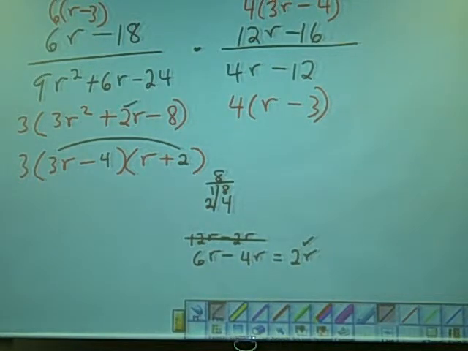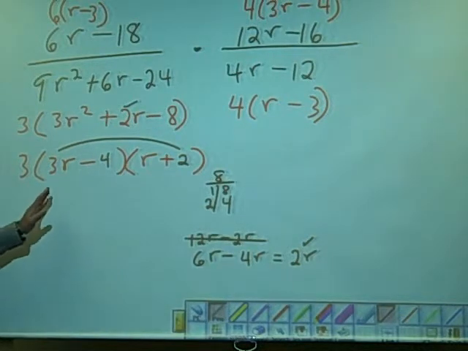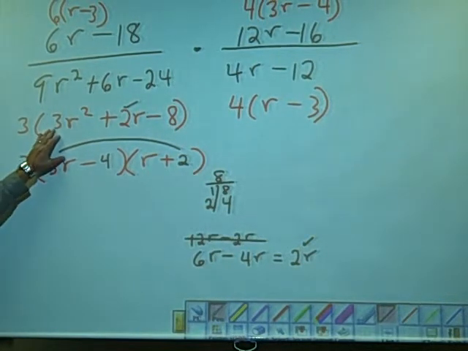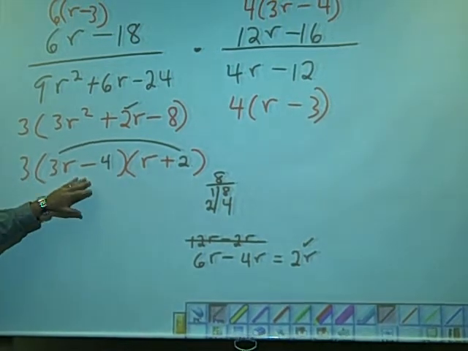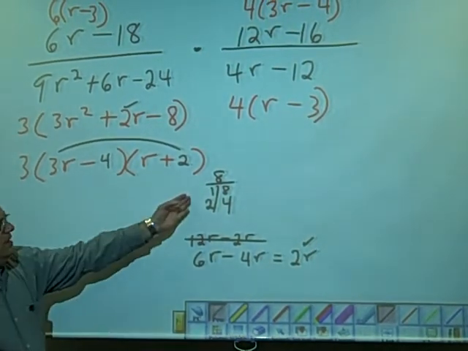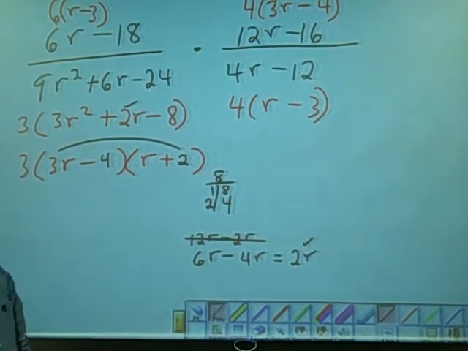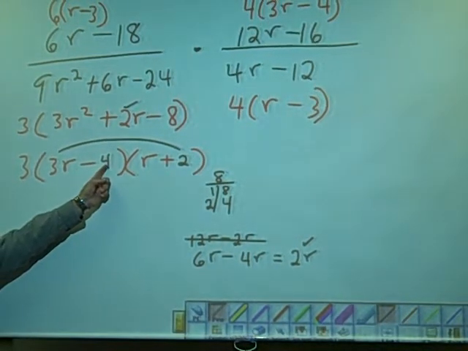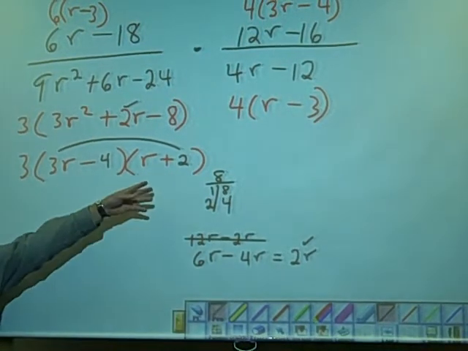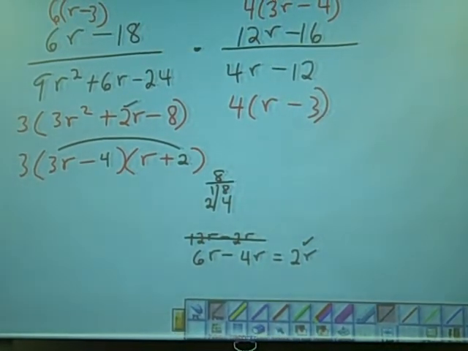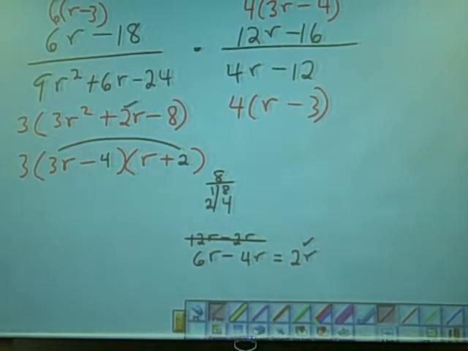That's why I was telling you that you want to put your parentheses in first, put your variables, put your signs, and then we know that factors of 3 are easiest, so we put those in. So now we really narrowed it down to trial and error for plugging in factors of 8. We tried 3r minus 2 and r plus 4, but 3 times 4 was 12. That was way out there. So we switched places with the factors and it works. We knew it worked because we checked it.